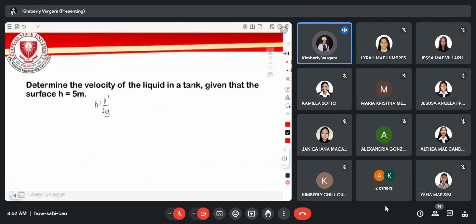So, determine the velocity of the liquid in a tank given that the surface head H is equal to 5 meters. We'll just cross multiply 2g to H. So, V squared is equal to 2gH, and then take the square root of both sides. V is equal to the square root of 2gH. So 2 times the gravitational acceleration, 9.81 meters per second squared, times the height, which is 5 meters.